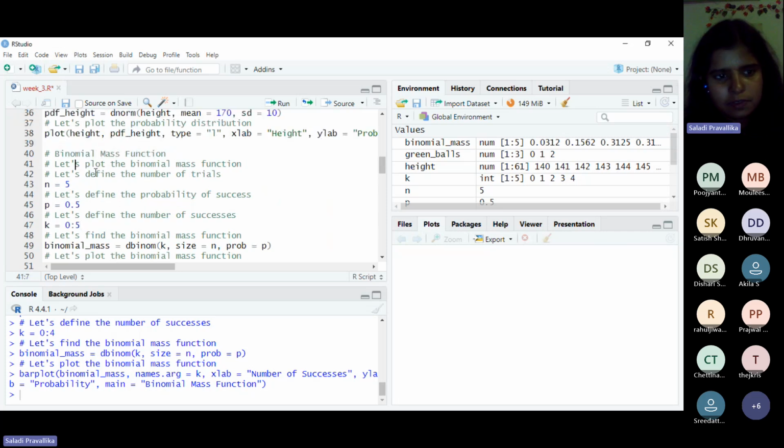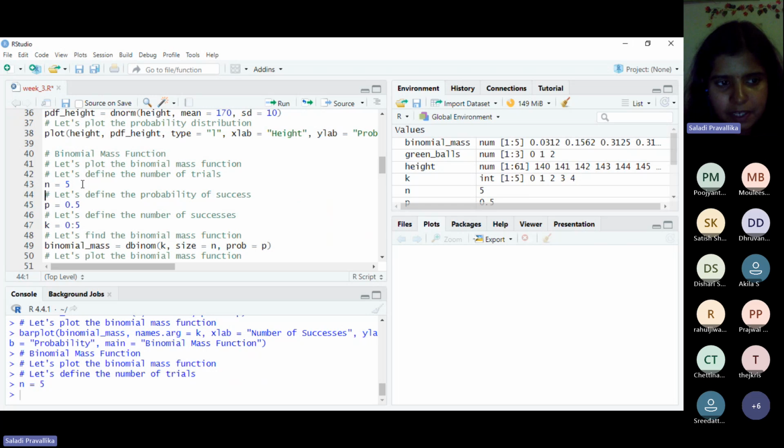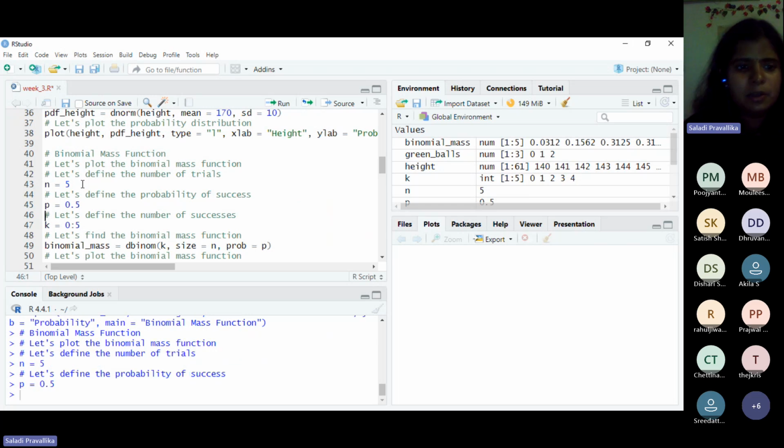Okay, so this is for the binomial mass function. Let us say in this code we are having 5 trials, right? So n equal to 5, and the probability that we are taking is 1 by 2, so 0.5. And for the total number of successes, I have given from 0 till 5, so k equal to 0 to k equal to 5, to show all of it.